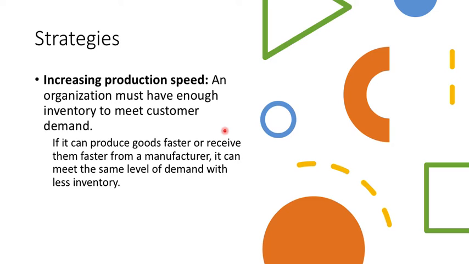Till the time it's in your storage or in a warehouse, it doesn't have any value. It only has value once it gets near to the customer or is in the hands of the customer. Other than that, it never gives any return, it doesn't make any sense or any profit for your company. So if production speed increases, it means you're using the inventory quickly and you're getting the return on the investment quickly. So increasing production speed is definitely going to help in managing inventory better.